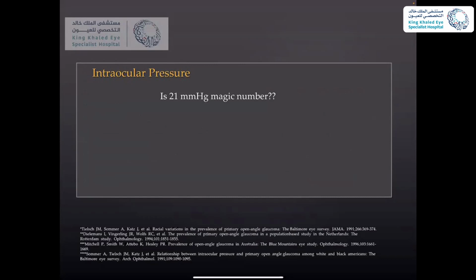Are we putting a cutoff number that's suitable for all of our patients? Usually, as glaucoma specialists or non-specialists, when we see a patient with pressure less than 21, we feel relieved that this patient is not a glaucoma patient, and we reassure ourselves that the IOP is low, so it's unlikely to be glaucoma.